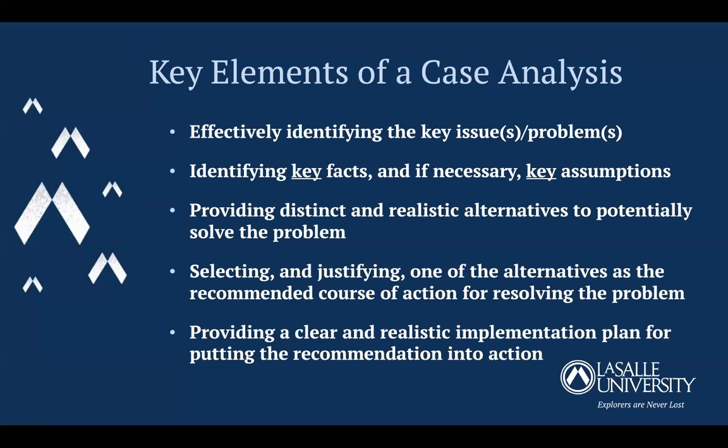And again, in the real world, you often want to give your manager more than one choice. So you want to give distinct and realistic alternatives. If your alternative requires $1 billion in spending for a $50 million company, it's not realistic. If your alternative requires the organization to do it in a week and it's a 5-year project, it's not realistic.